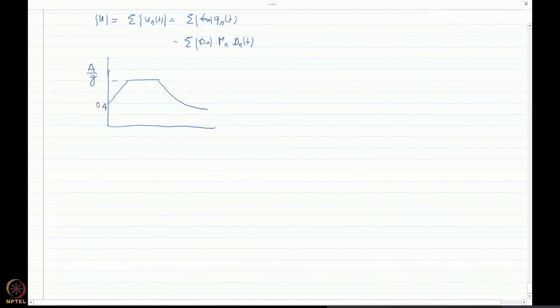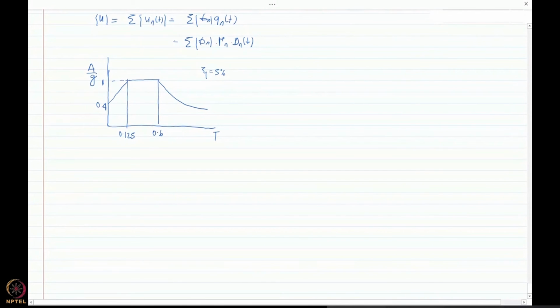This is 0.4. This is actually 1 here. Okay, this coordinate. And this is for 5% damping. Okay, this Tn here 0.125 and this is 0.6 and this is T here.